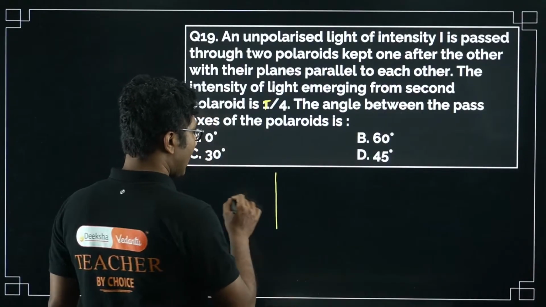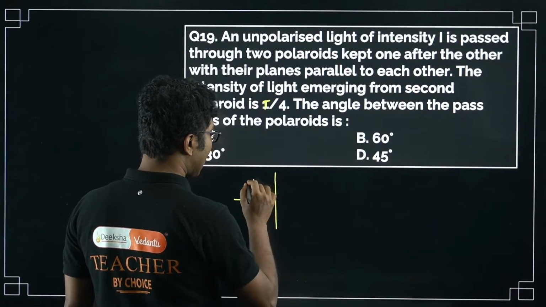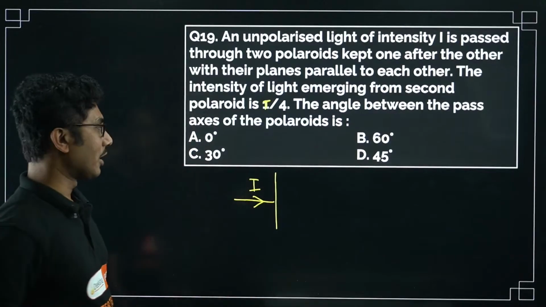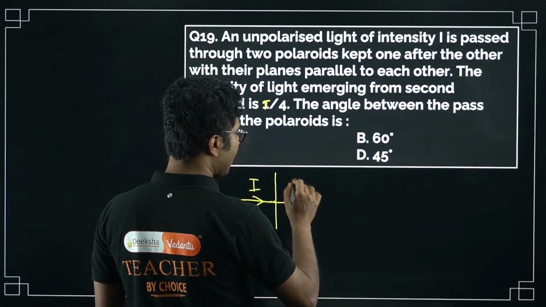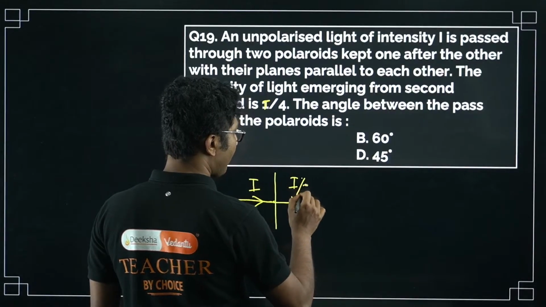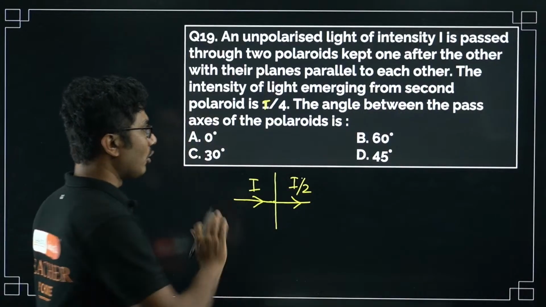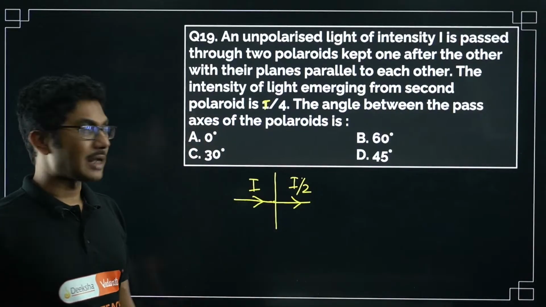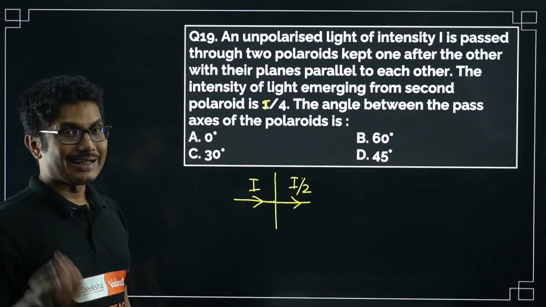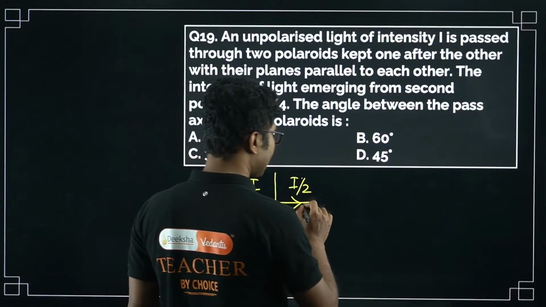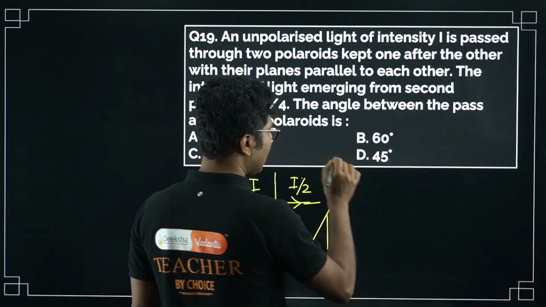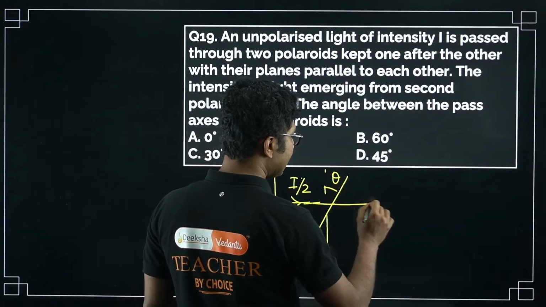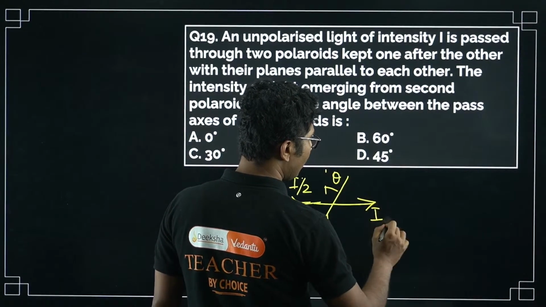First, an unpolarized light of intensity I enters the first Polaroid, and it comes out with an intensity of I by 2. Always, an unpolarized light, after passing through the first Polaroid, has its intensity become half immediately. The second Polaroid has an angle of theta, and the intensity out is I by 4.